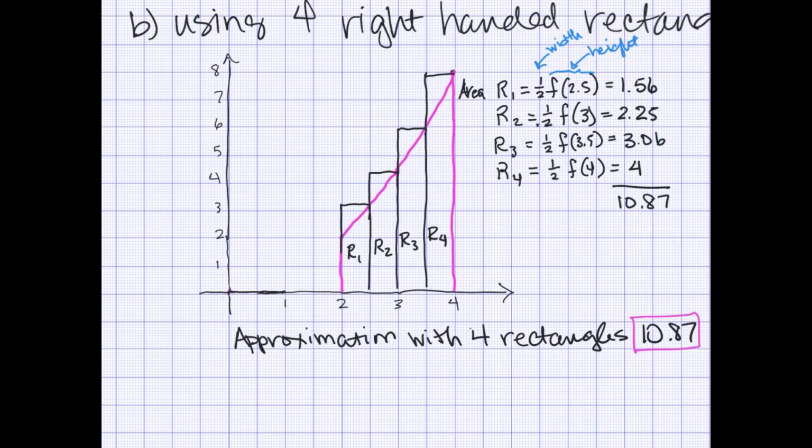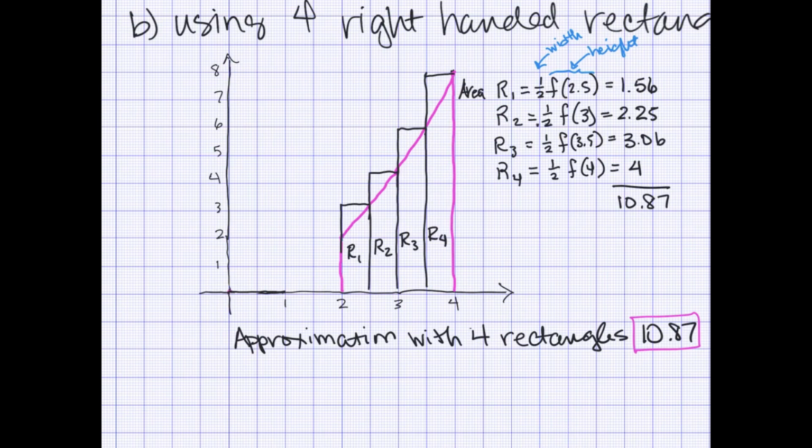So each area is the width times the height. We find out the areas of each of the 4 rectangles, add them together, and we get 10.87. That's significantly smaller than our previous estimation, but we can still see that we're overestimating by a fair amount.